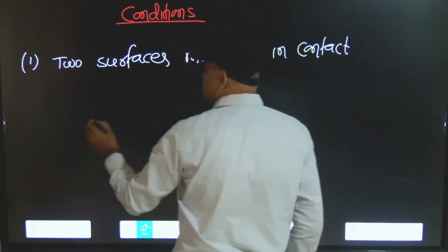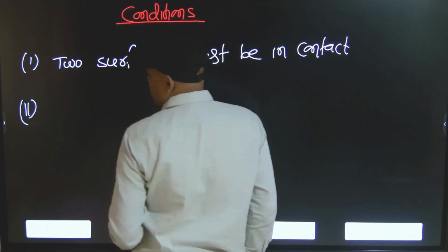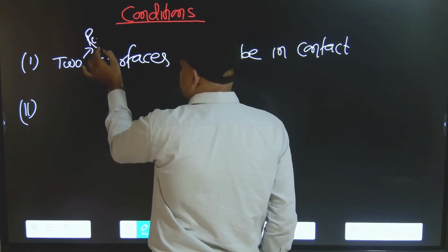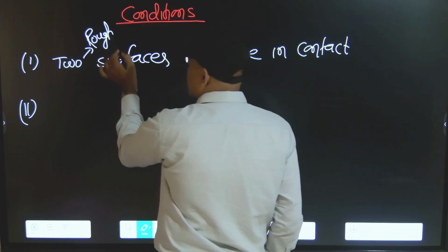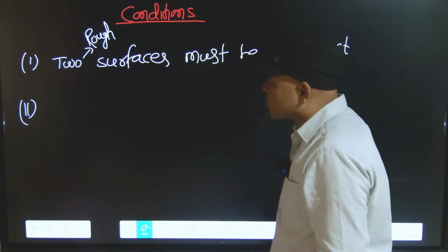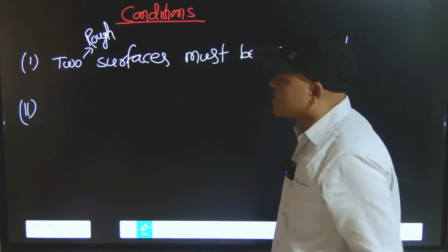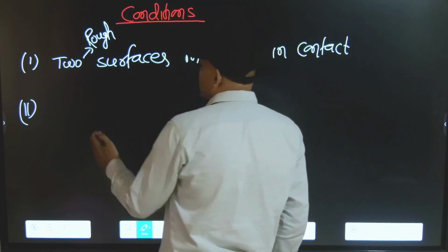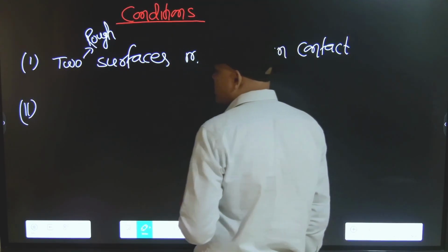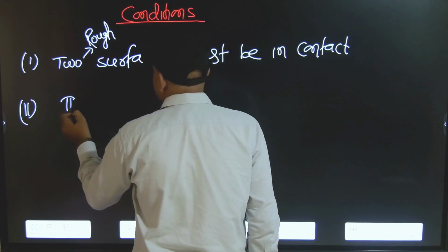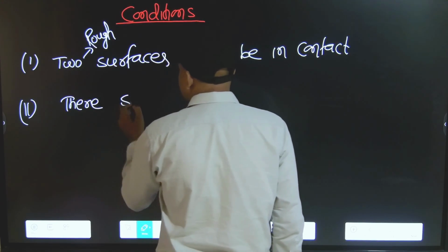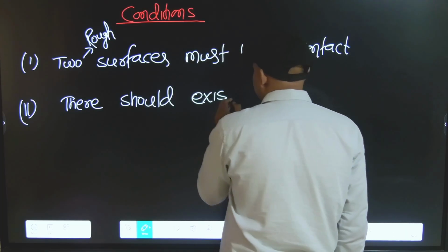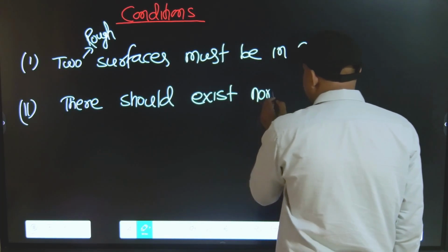And second, instead of saying two surfaces, let us mention two rough surfaces, although there is no such thing as a completely smooth surface. All the surfaces in reality are rough. So, two rough surfaces must be in contact. There should exist a normal reaction between the surfaces in contact.